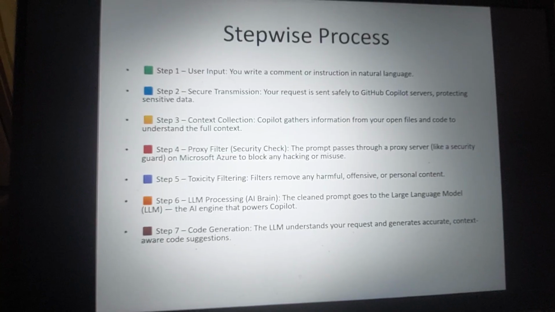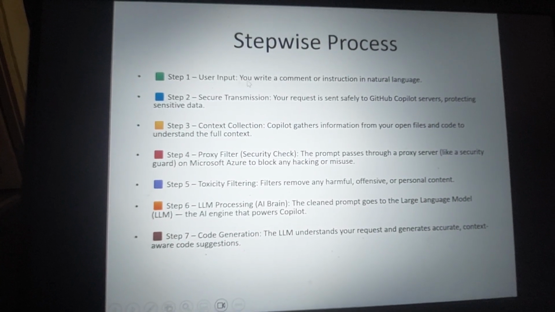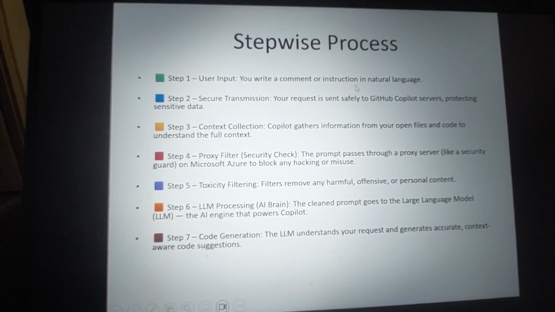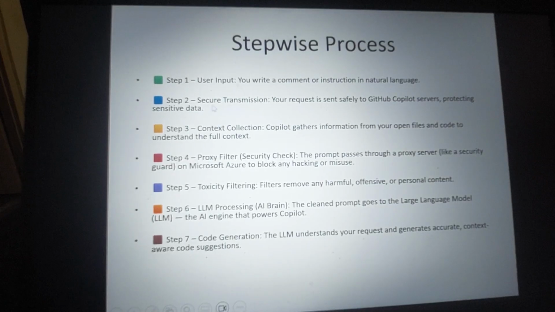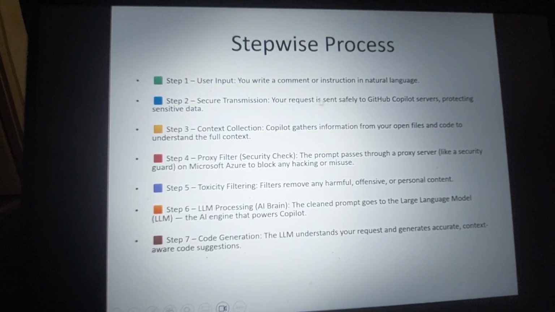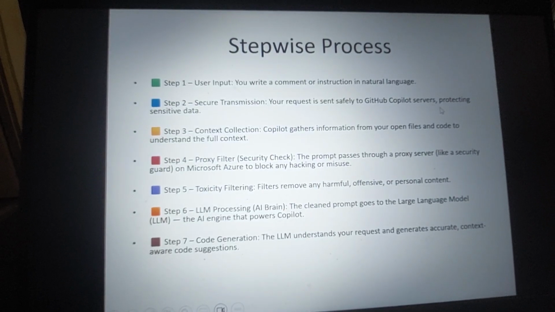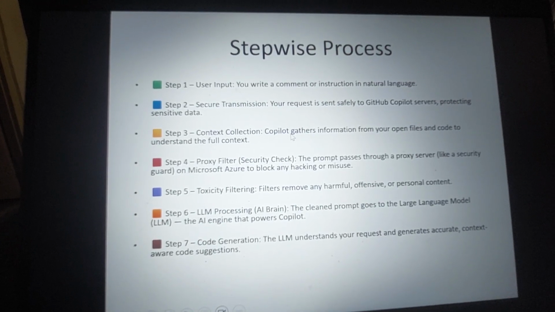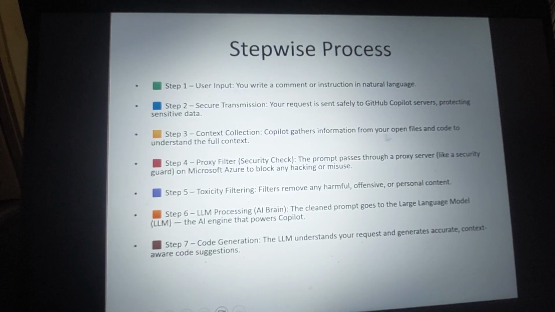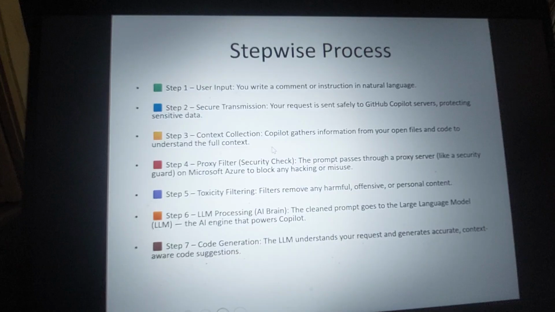Let me summarize this. The user input: you write a comment or instruction in natural language. Then secure transmission: your request is sent safely to the GitHub Copilot server. Then it generates a context. Context collection: Copilot gathers information from your open files and code to understand the full context.